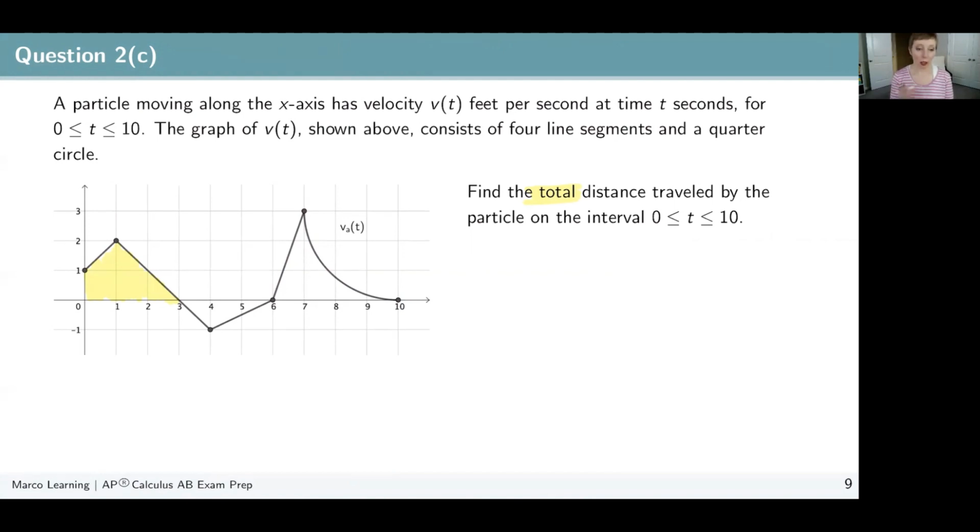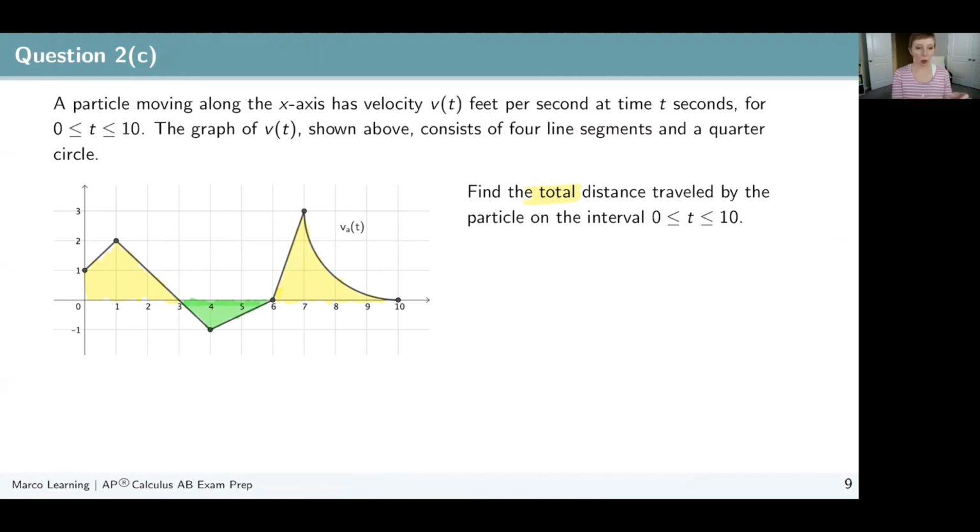But from 3 to 6, we have to be careful because it's moving to the left. And if we were to integrate the velocity from 3 to 6, we would end up with a negative value. And then at t equals 6, the particle starts moving to the right again. If we integrate our velocity, we'll have a positive value there. So for total distance, you want to make sure that you take the absolute value of each one of these distances.